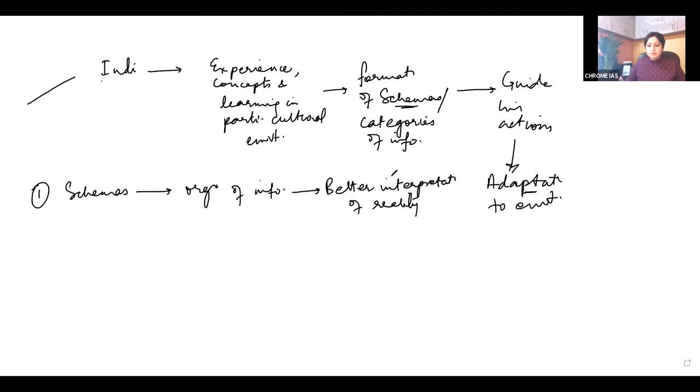If interpretation is better, it will lead to effective conclusions. If the conclusions are effective, you will make well-informed decisions.